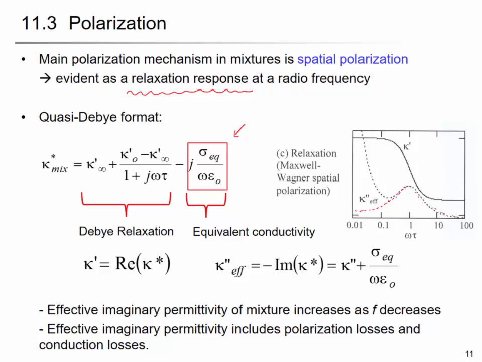That's like a bell-shaped curve. But because of this equivalent conductive part, this part is inversely proportional to the frequency. So as frequency increases, the conduction loss part decreases, right? So that means that at the low frequency you have very high conduction loss.